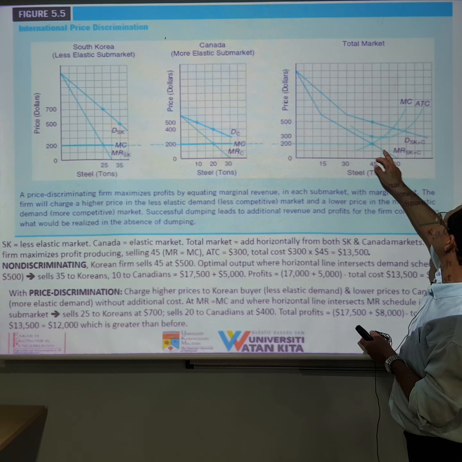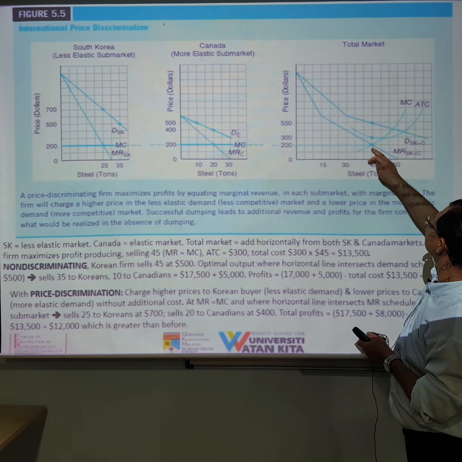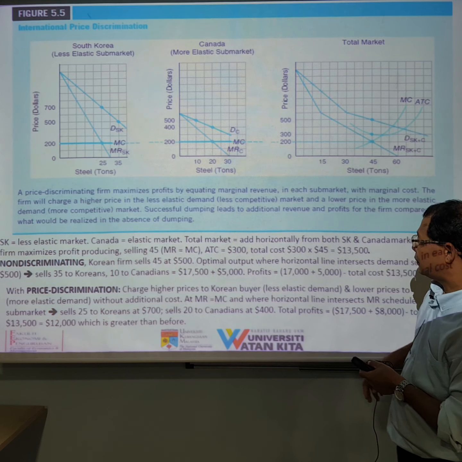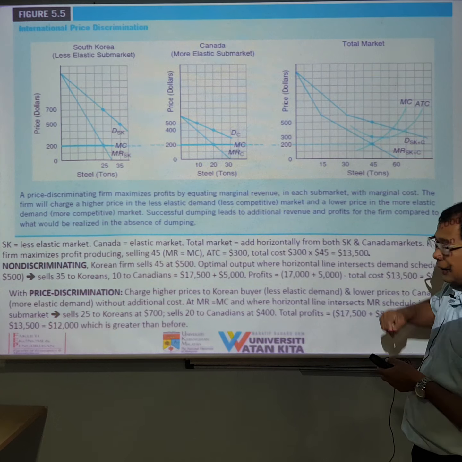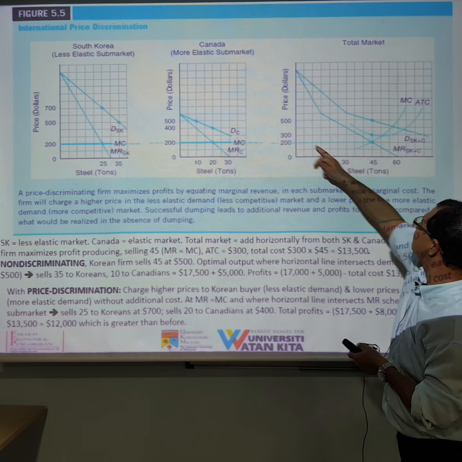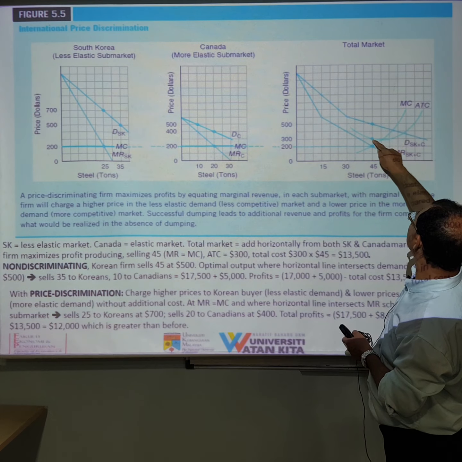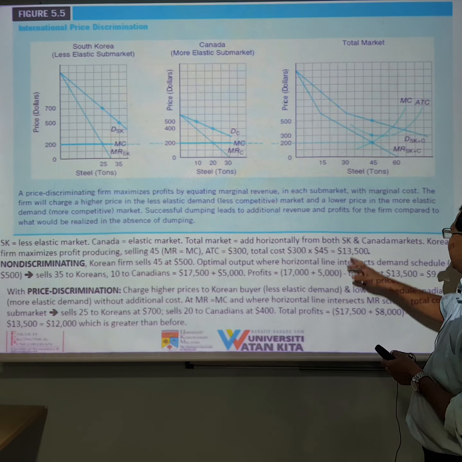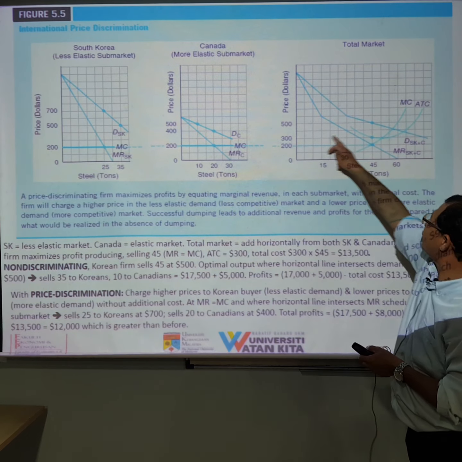So 45 units, with an average total cost of 300, so the total cost is 13,500.